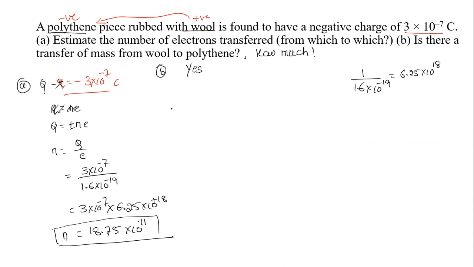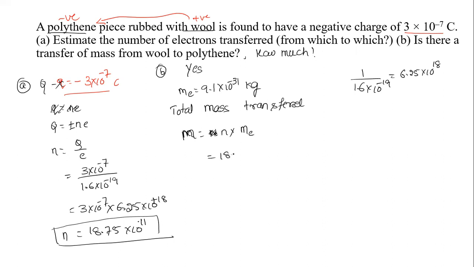See, the mass of each electron is 9.1 into 10 power -31 kg. We know this already. So there are this many electrons going to transfer. Then the total mass transferred, let's say capital M, is the number of electrons multiplied by the mass of each electron.